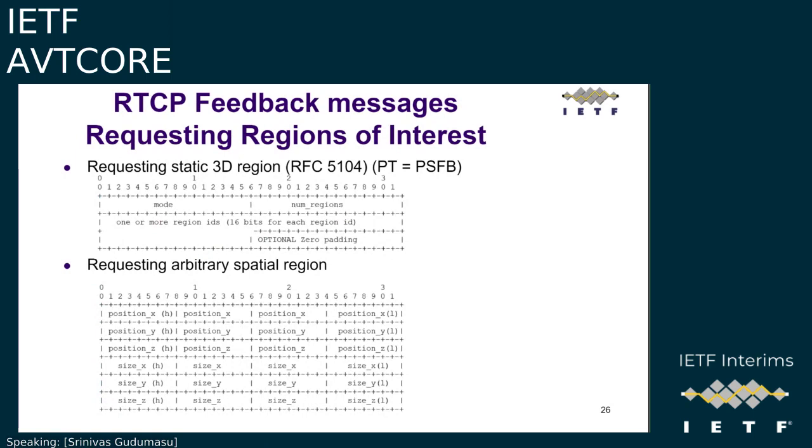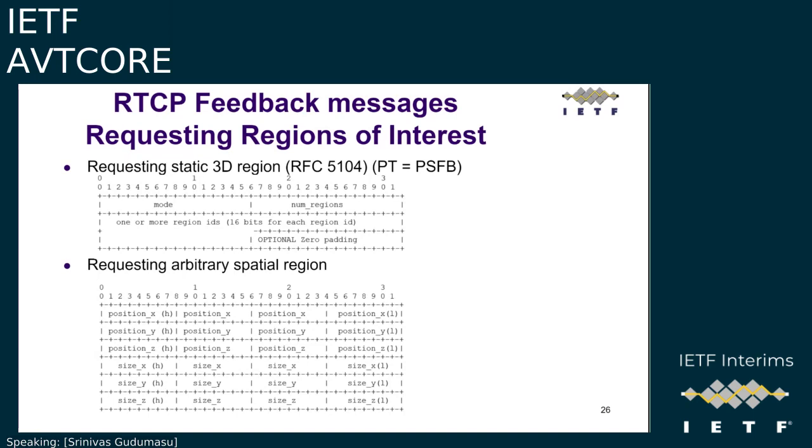So I'm just providing an example view of the RTCP feedback messages. We are using the RTCP feedback messages defined in RFC 5104. Because these are payload specific to the immersive media content, we wanted to use the payload-specific feedback message payload type for these RTCP feedback messages.